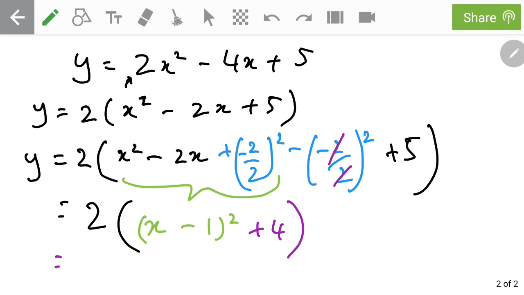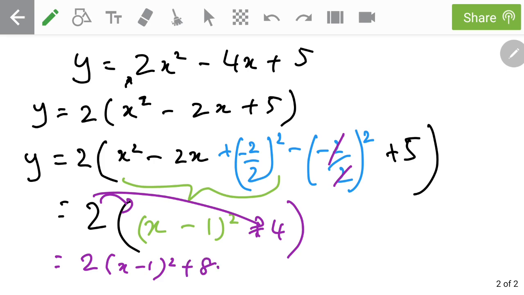After that you multiply by 2, so 2 times x minus 1 squared plus 8.